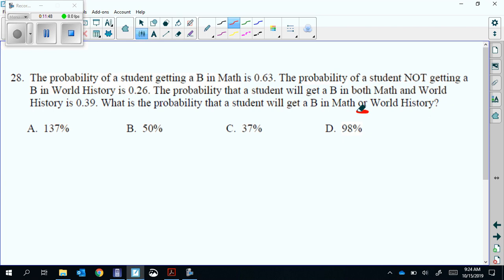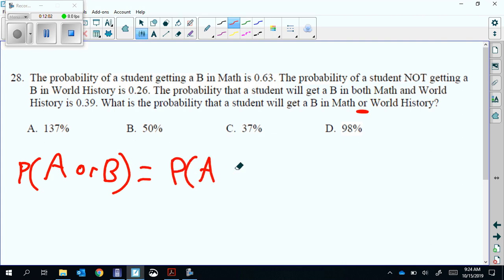So the probability equation for or statements, we got a formula. Probability of A or B is the probability of each one added up minus the overlap.